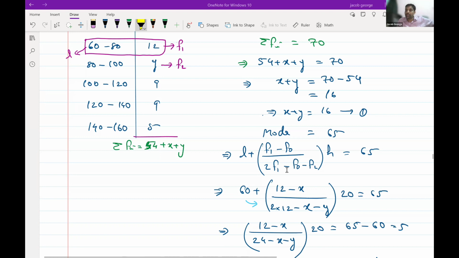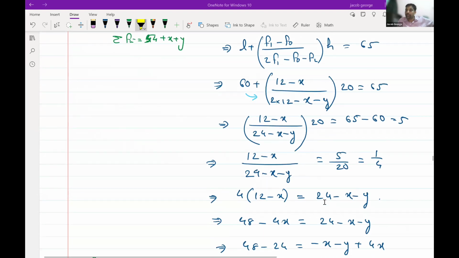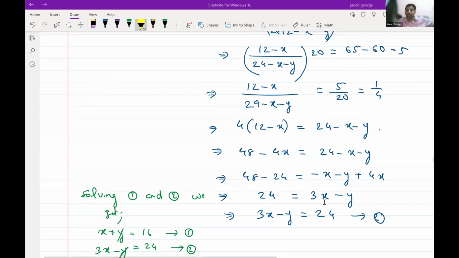So we have to take that 60 to the right hand side. So (12 minus X) by (24 minus X minus Y) into 20 is 5. So we can find an equation from here. By cross multiplication, I got the second equation.